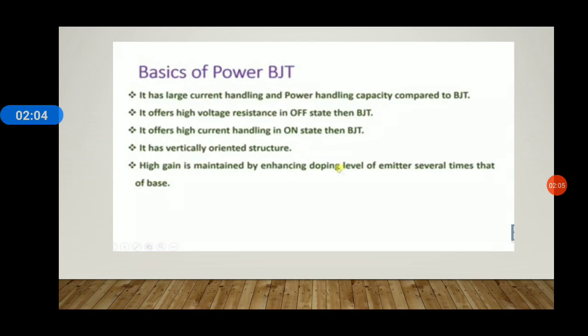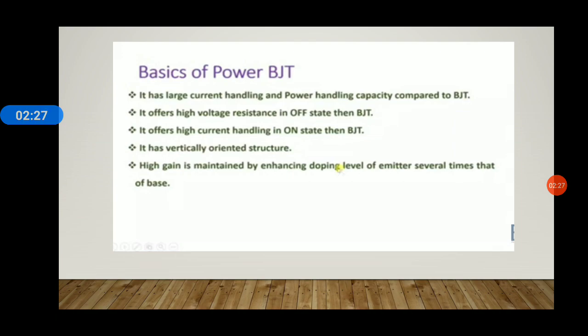Due to this modified structure, the IV characteristics and the switching behavior of power BJT will be significantly different than its logical counterpart. Now it has a vertically oriented structure, as mentioned before in power diodes as well.